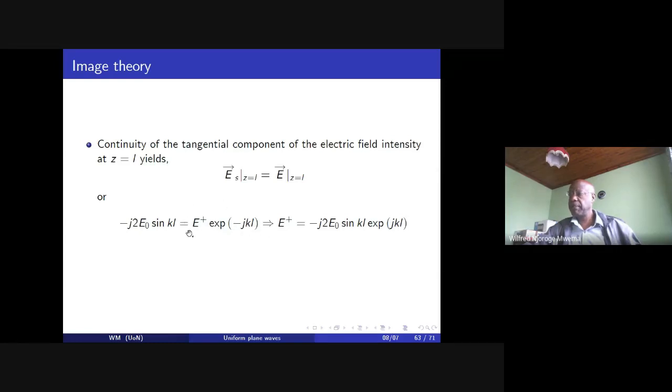And therefore we can relate E plus to E naught as minus j 2 epsilon E naught sine kL multiplied by the exponent of jkL.